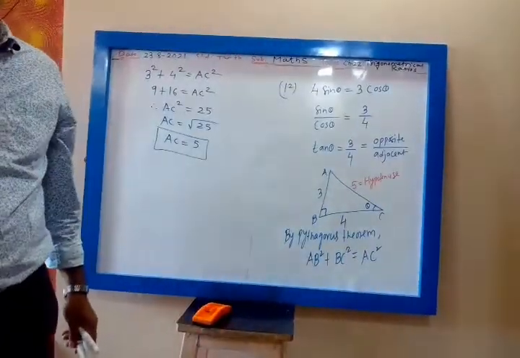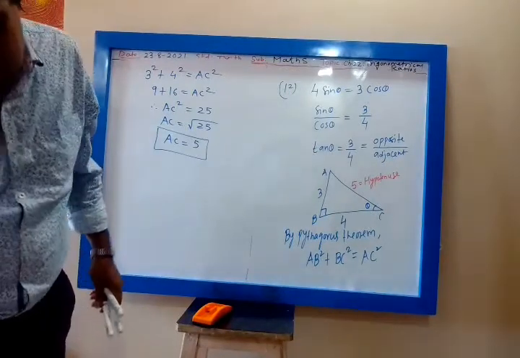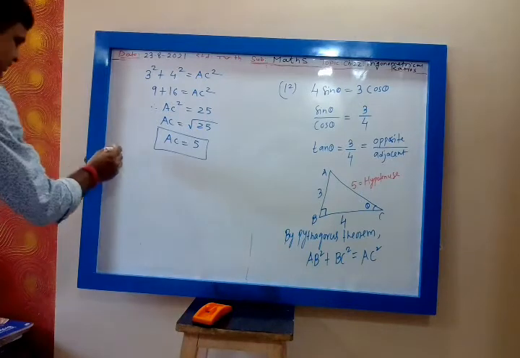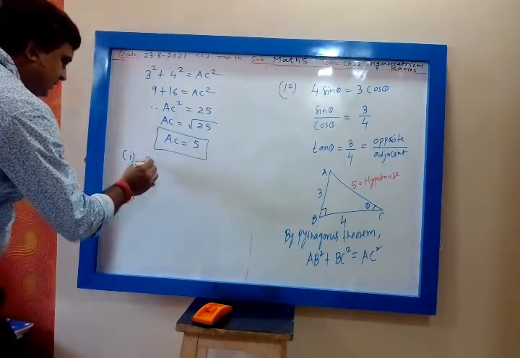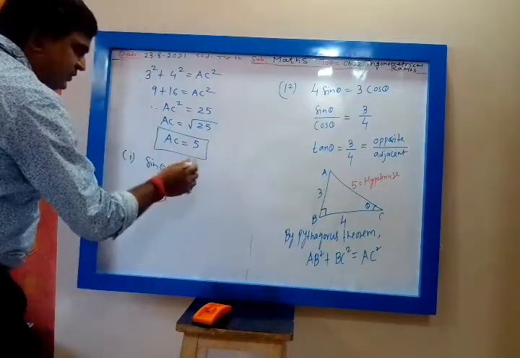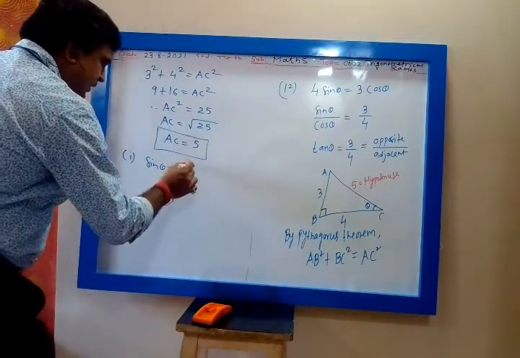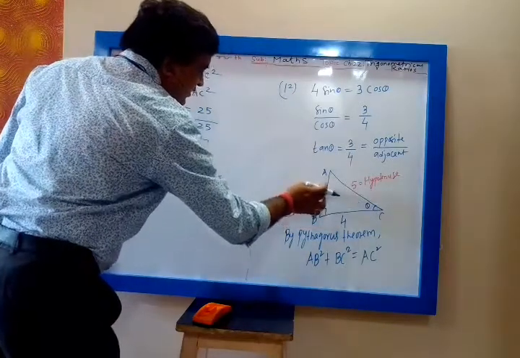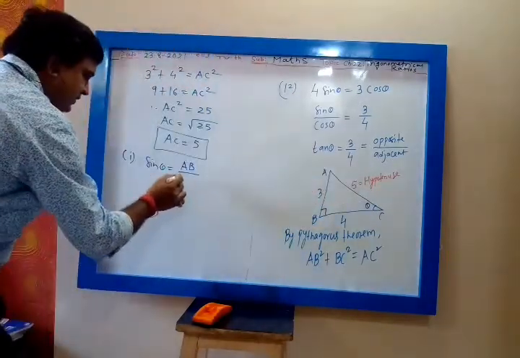Now what is asked? Find the various trigonometrical ratios. First, find the value of sin theta. What is sin theta? Reference angle theta, sin theta is opposite upon hypotenuse, that is AB upon AC.